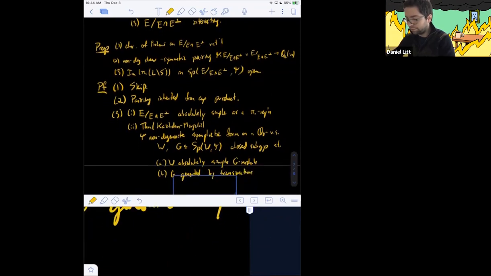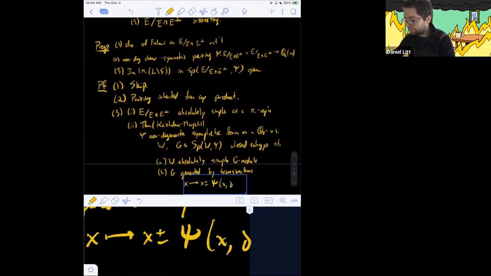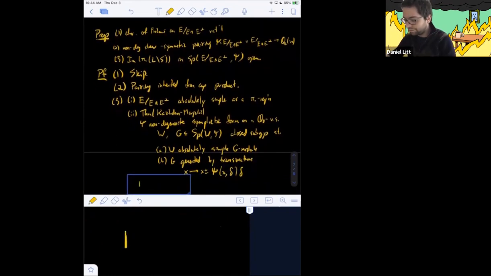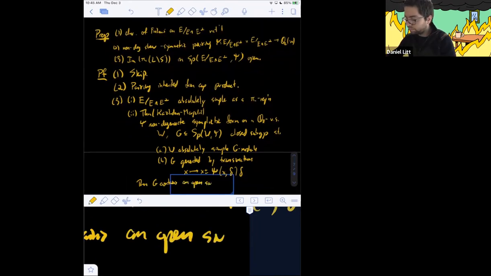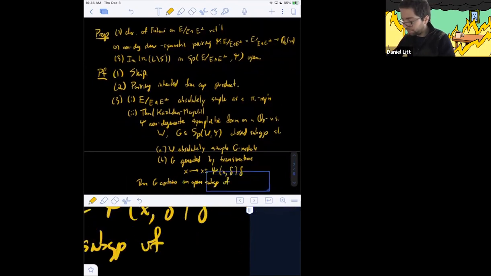So what that means is sending x to x plus or minus c(x, delta) delta. So this should look very familiar. So then G contains an open subgroup of Sp.